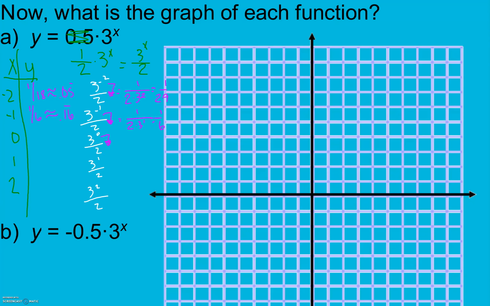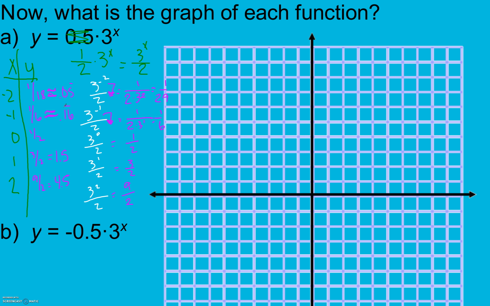Anything to the 0 power is 1. So here I just get 1/2. 3 to the first power is just 3 over 2, or 1.5. 3 squared, 9 over 2, which is 4.5. And these aren't approximate, those are exact because I used the repeating.